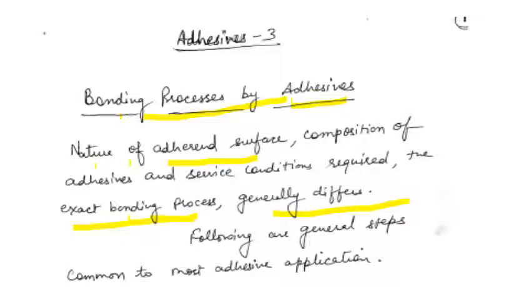That depends on the nature of the adherent surface, the composition of the adhesive we are using, which type of adhesive we are using on that surface, and the service conditions required.